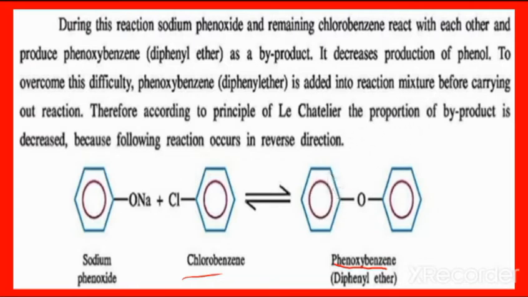To avoid this, we can include some amount of phenoxybenzene in the reaction mixture so that the reversible reaction can take place, which leads to the formation of a higher yield of phenol. This reaction is mainly carried out based on Le Chatelier's principle.